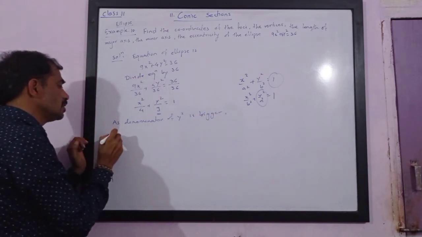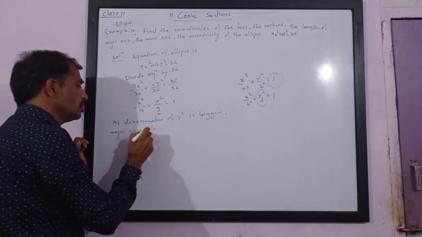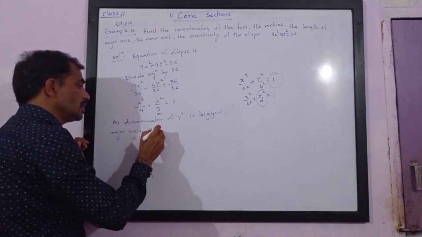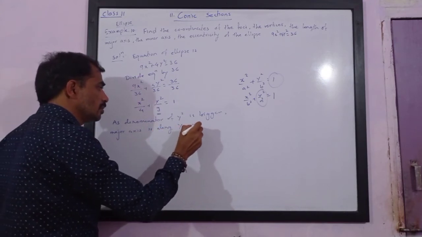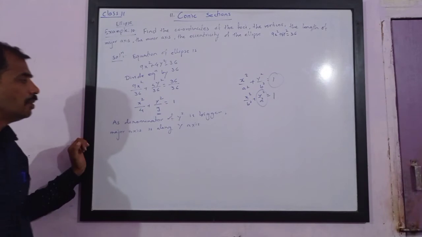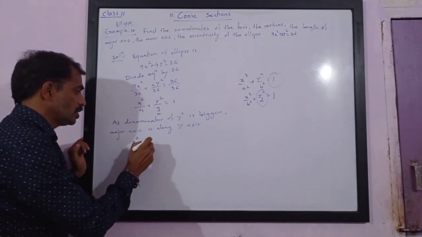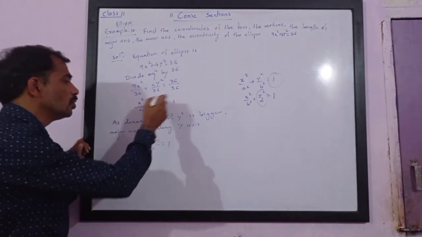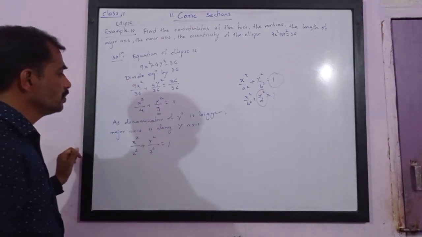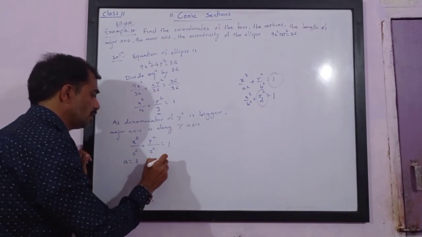So this will be x square upon 2 square plus y square upon 3 square is equal to 1. It means a is equal to 3, b is equal to 2.